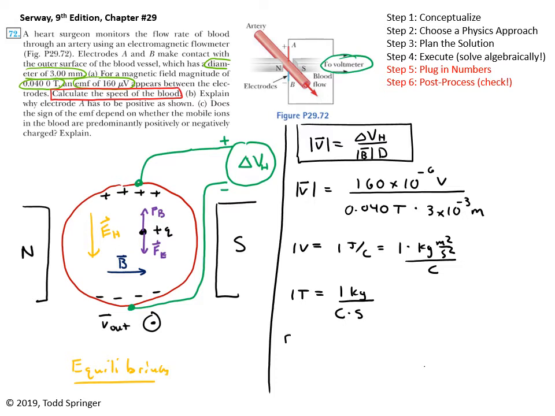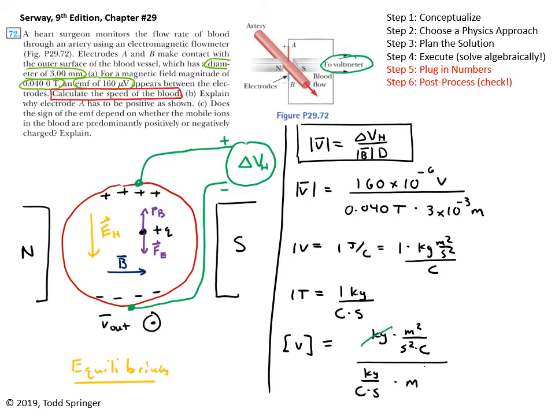So let's check now the units of V. On the top I have volts, that's kilograms, meters squared, per seconds squared, coulombs. On the bottom I've got Tesla, kilograms per coulomb seconds, times meters. Okay, so let's take a look now.